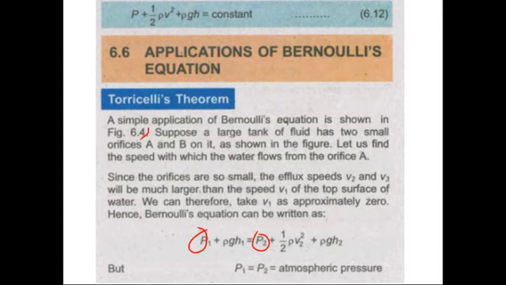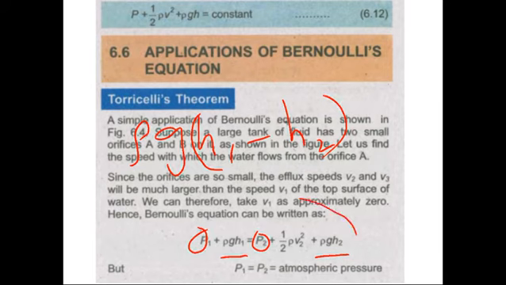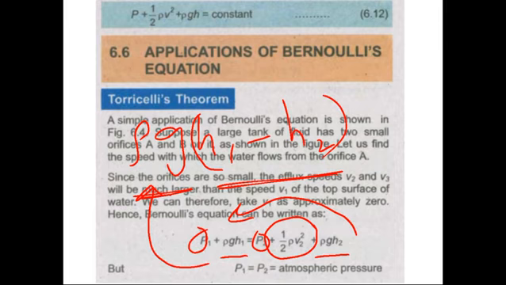I am writing here rho g (h1 minus h2). I have taken rho g common from rho g h1 and rho g h2. When you bring this rho g h2 from the right hand side to the left hand side, the equation can be written as rho g common and h1 minus h2 in combined form, while on the right hand side the only left behind term is half rho V2 square. Is it okay?